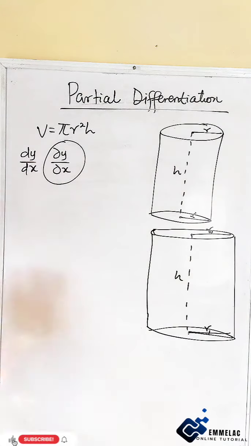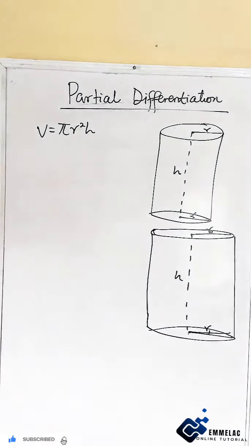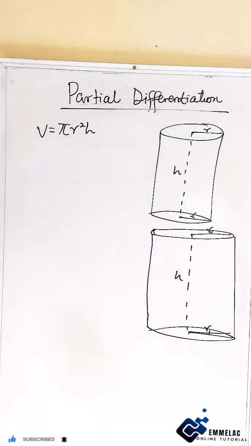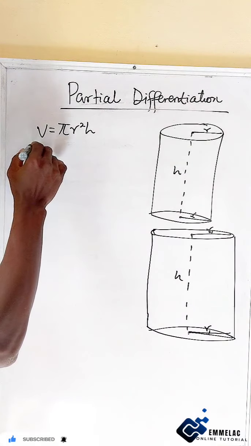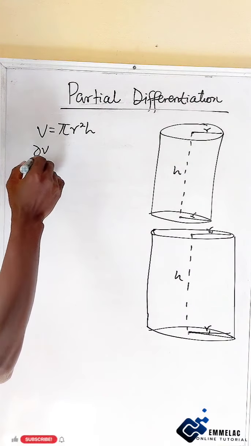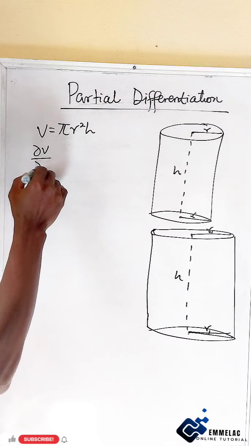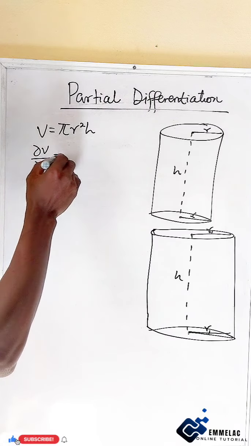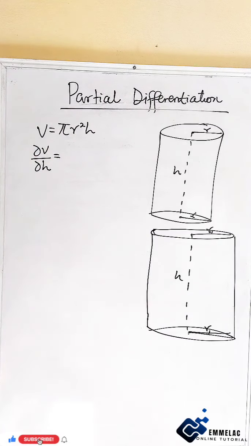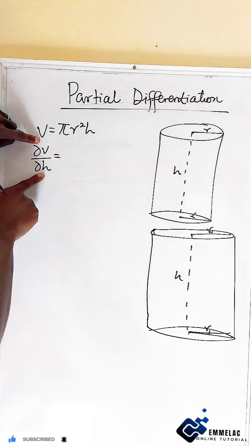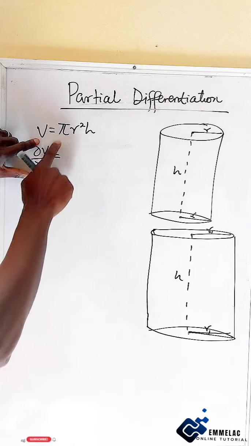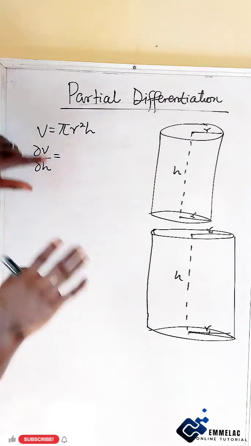Now let us apply this equation using partial differentiation. If you are to find the partial derivative of the volume with respect to the height, what this implies is we are to differentiate v with respect to h, while other variables are kept what?